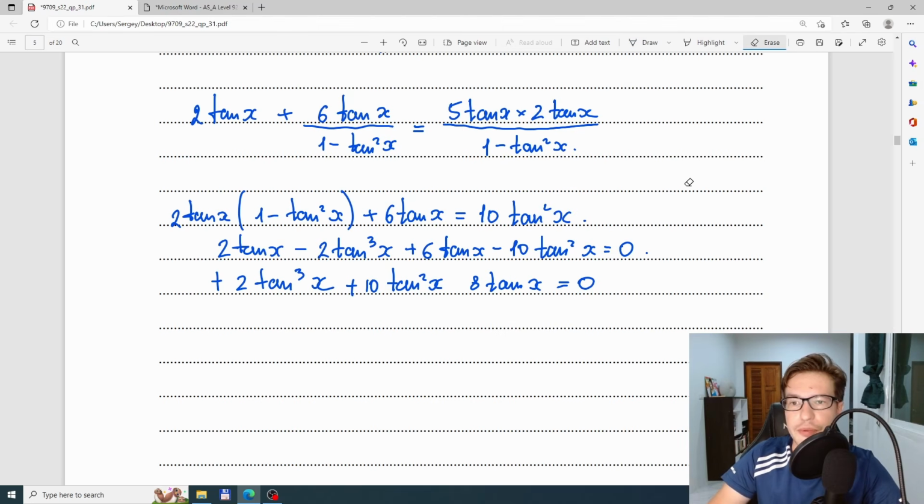So just quickly erase this plus. And then to solve this cubic equation, I will factorize. So bring 2 tangent x outside, and I will get tangent squared x plus 5 tangent x minus 4 equals 0.